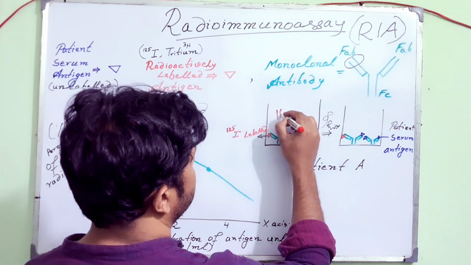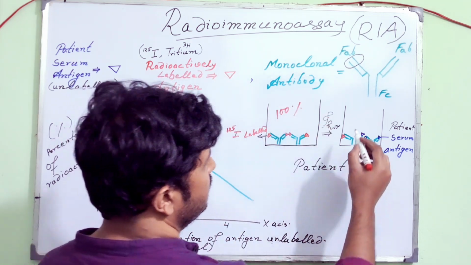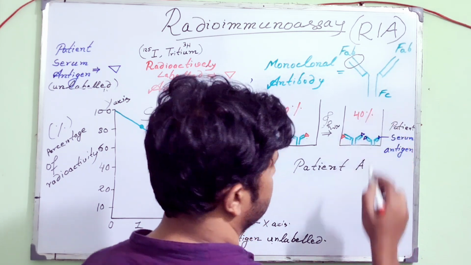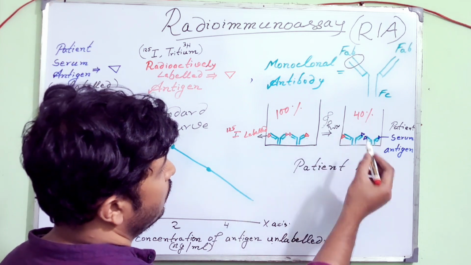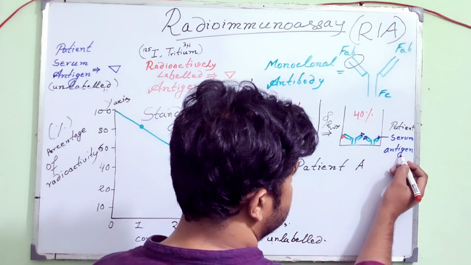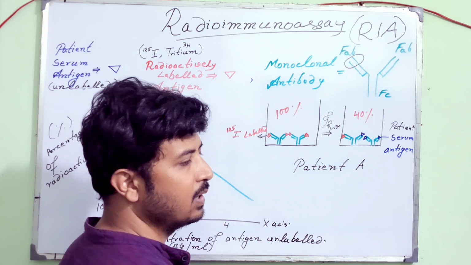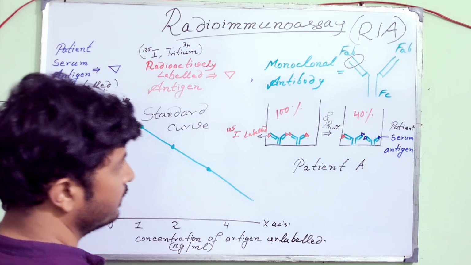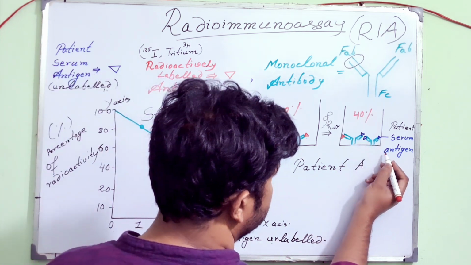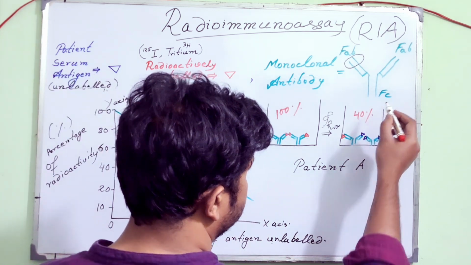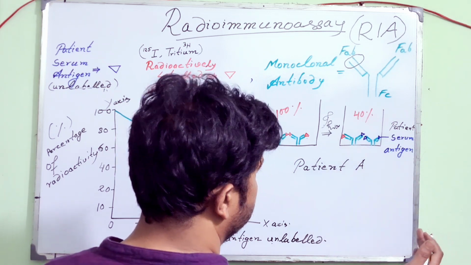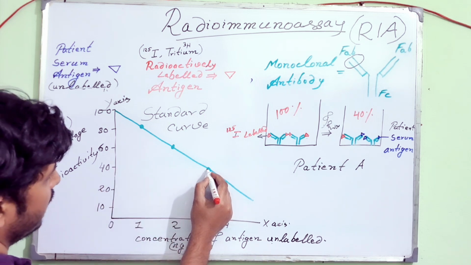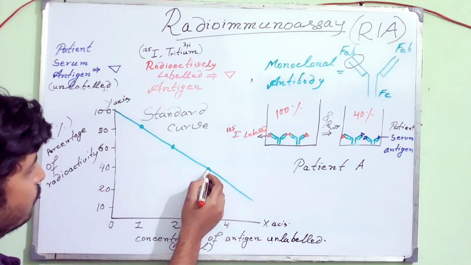If it showed you 100% radioactivity, this will be reduced to, suppose, 40%. Suppose, okay. Whatever amount of serum you have given, 10 microliter, 5 microliter or 2 microliter, can be found easily, no issues. But the serum antigen which corresponds to 40% of the radioactivity will be put in here. So 40% means your patient serum antigen showed 40%.